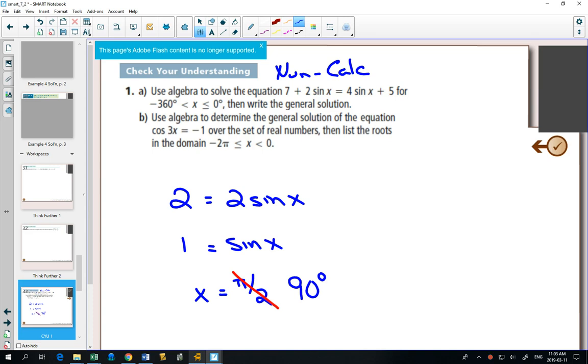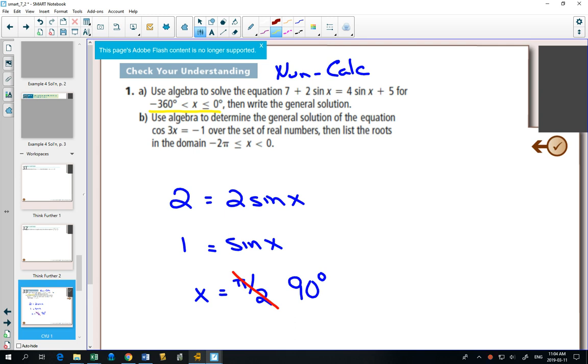The thing that we have to do in these questions is after answering it, because you're going to naturally answer it the first time around, you need to make sure that you look at your domain. Our domain says to look between negative 360 and 0. So that's once around in the negative direction.